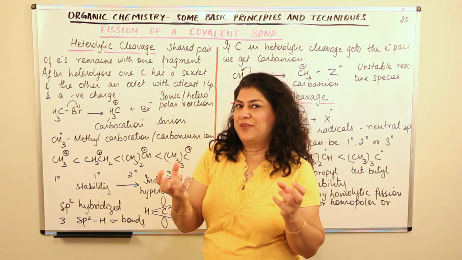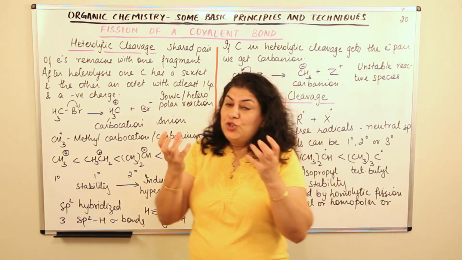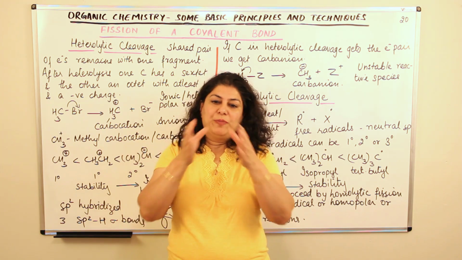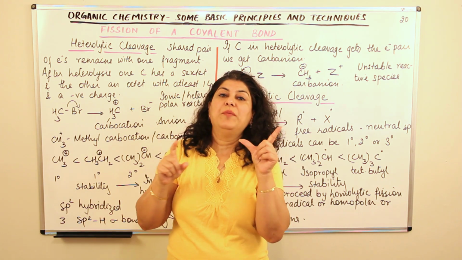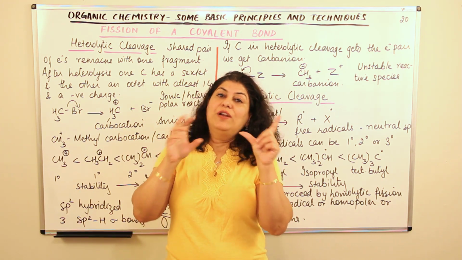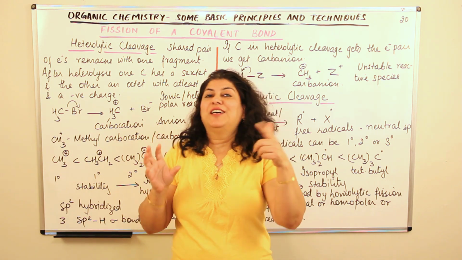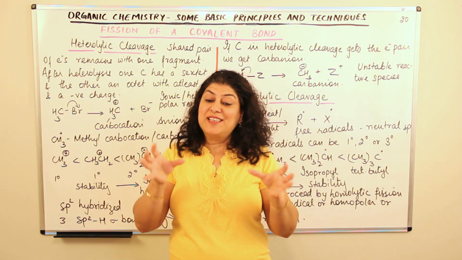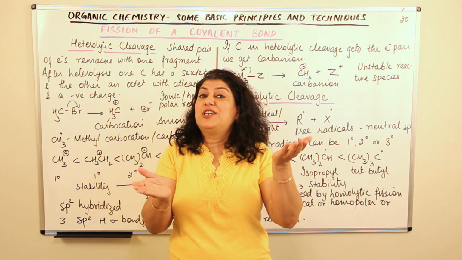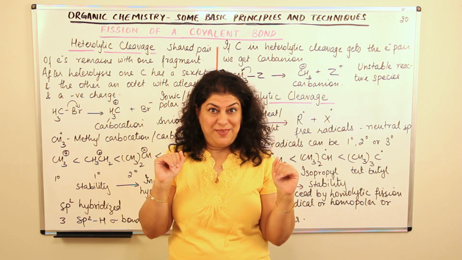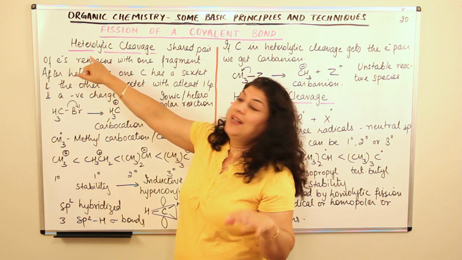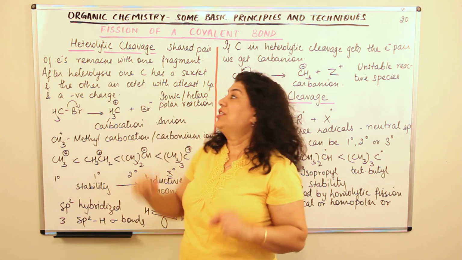And what is this difference? The two particles formed as a result of the breaking of this one bond, one of them will be positively charged and the other will be negatively charged. So it results in the formation of opposite charges. They are not the same. That is why it is known as heterolytic cleavage.